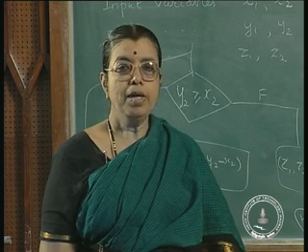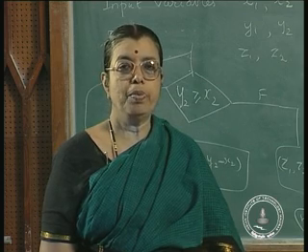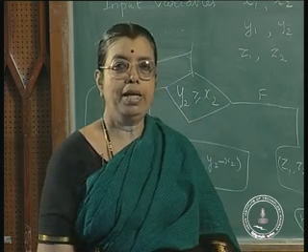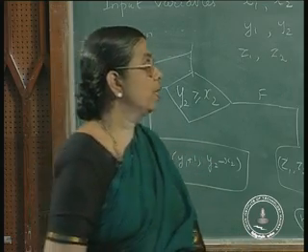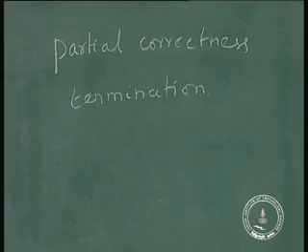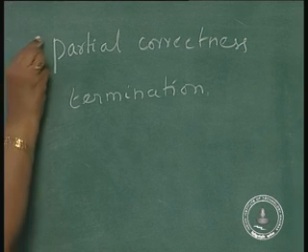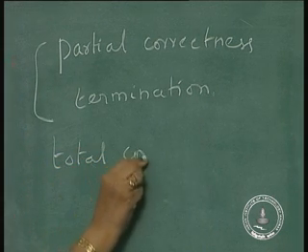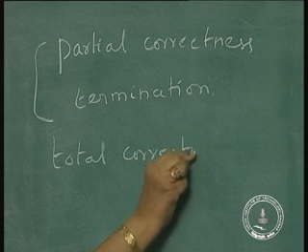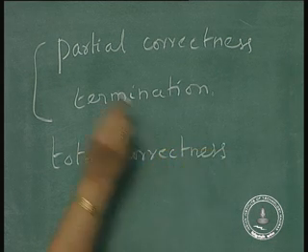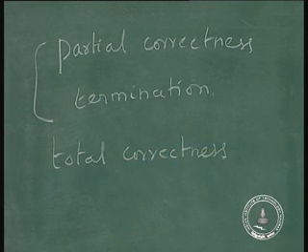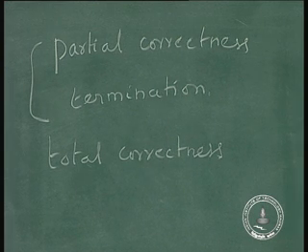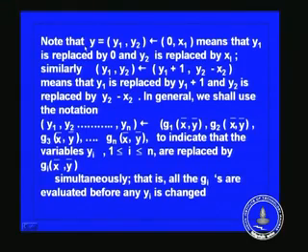So, given an input predicate, you have to show that the program will ultimately terminate for that particular input value. So, in order to prove the program is totally correct, total correctness, you have to prove both parts, partial correctness and also termination. Let us see how we do this.